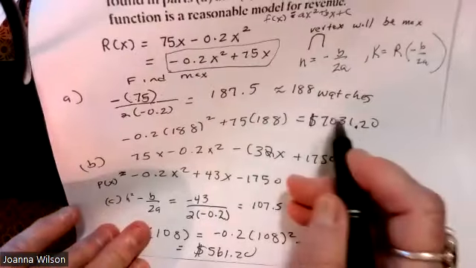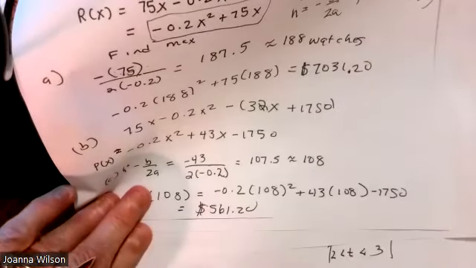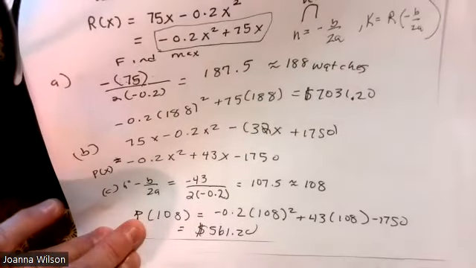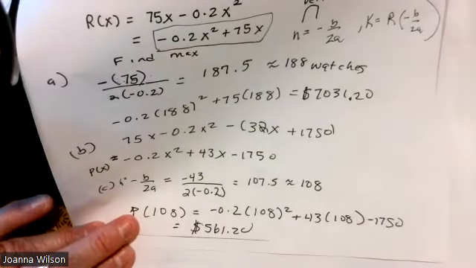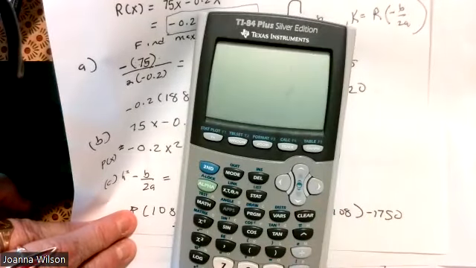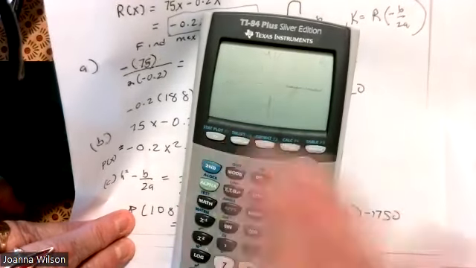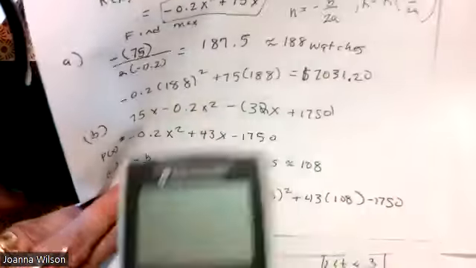Okay, that number is so much bigger. I wonder if that's, seems like those numbers would be closer. Let me check this. I just want to make sure I've got that right.